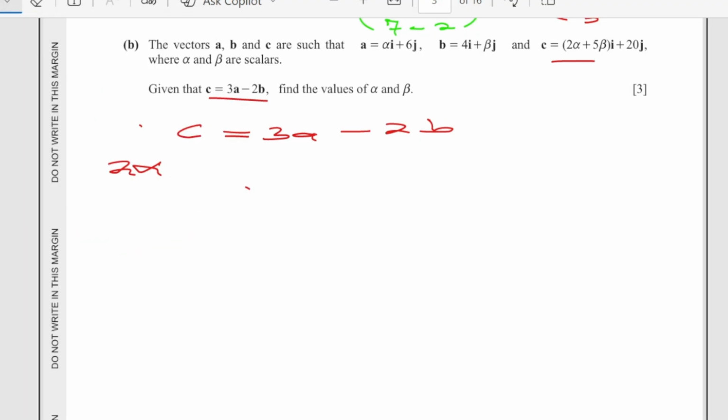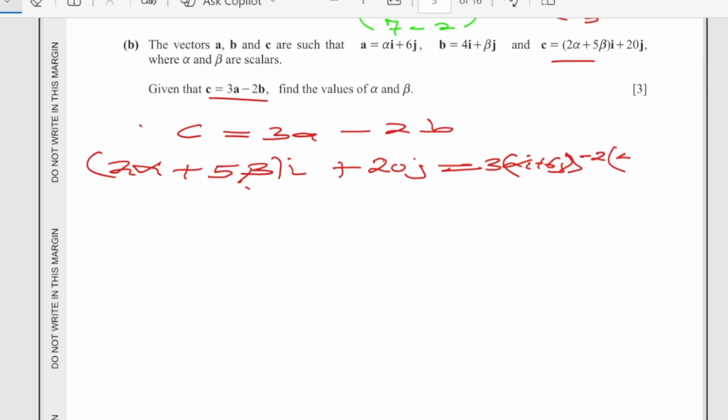2 alpha plus 5 beta, everything along the i-axis of the vector, then 20j along the j-axis is equal to 3 into bracket of alpha i plus 6j, then close the vector, minus 2 into beta i plus 4j... you close it.